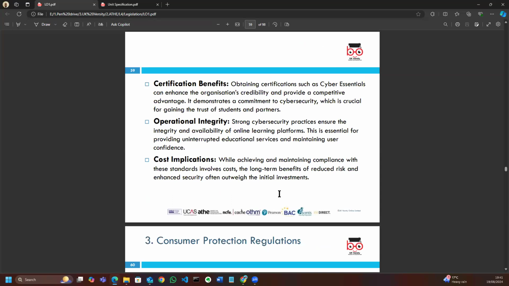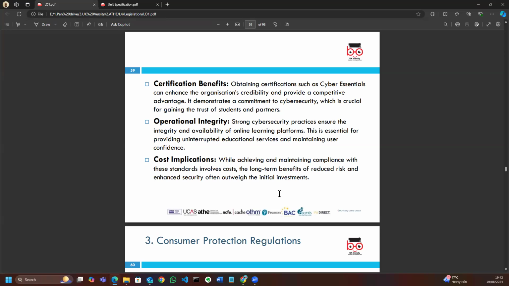Then we have certification benefits, where obtaining certifications such as Cyber Essentials can enhance the organizational credibility. So as mentioned, they can now add the badge to the website, which will give more credibility to their organization.